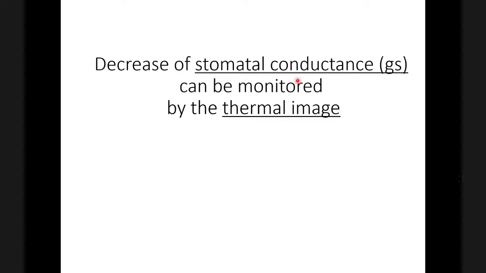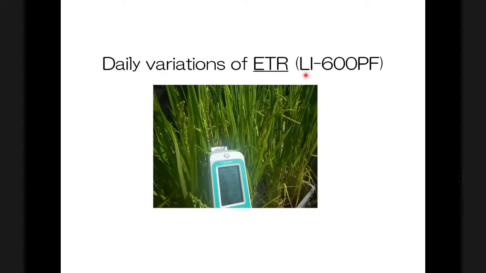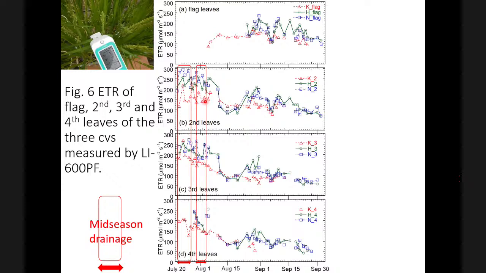The next story is about the electron transfer rate, ETR, measured by this instrument. In the same way as stomata conductance, ETR also decreased under the dry conditions. The differences of ETR between the three cultivars can't be detected so clearly in these figures.